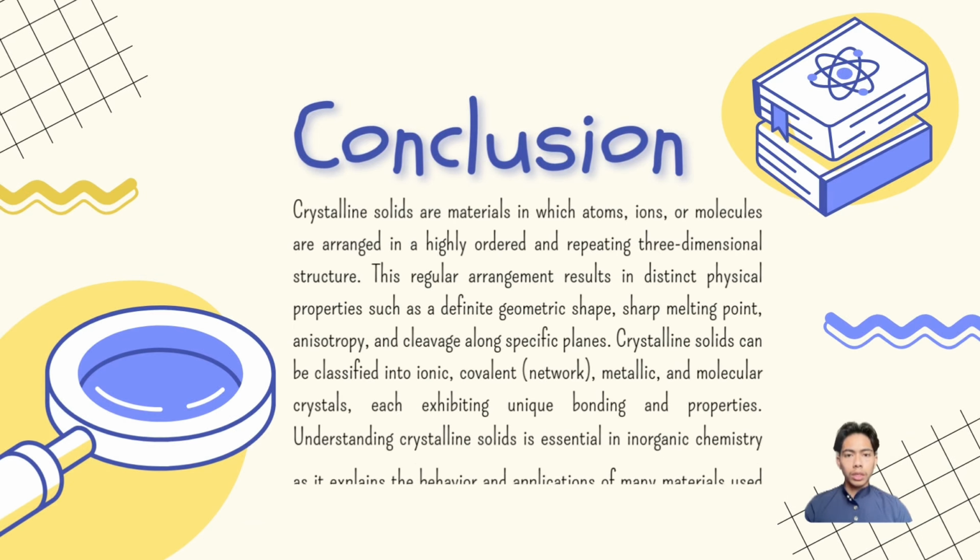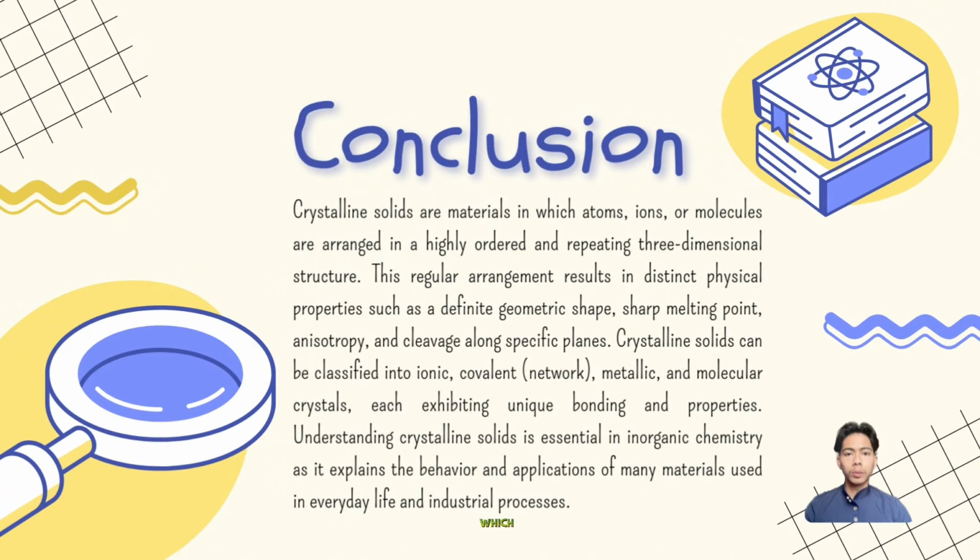For the conclusion, crystalline solids are materials in which atoms, ions, or molecules are arranged in a highly ordered and repeating three-dimensional structure. This regular arrangement results in distinct physical properties such as definite geometric shape, sharp melting point, anisotropy, and cleavage along specific planes.